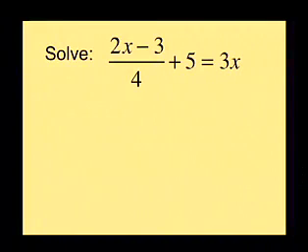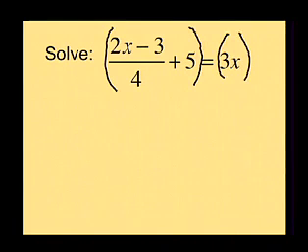Solve the quantity 2x minus 3 divided by 4 plus 5 equaling 3x. So what we want to do here is multiply both sides of this equation by the common denominator 4. So on the left-hand side, we have to distribute the 4.